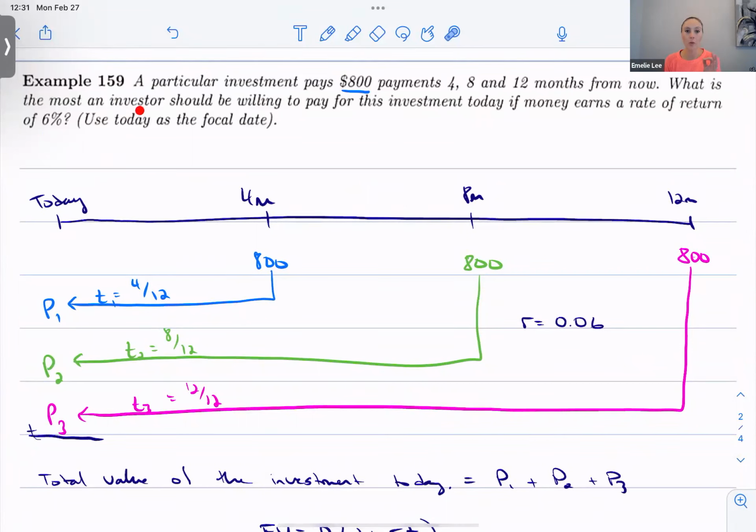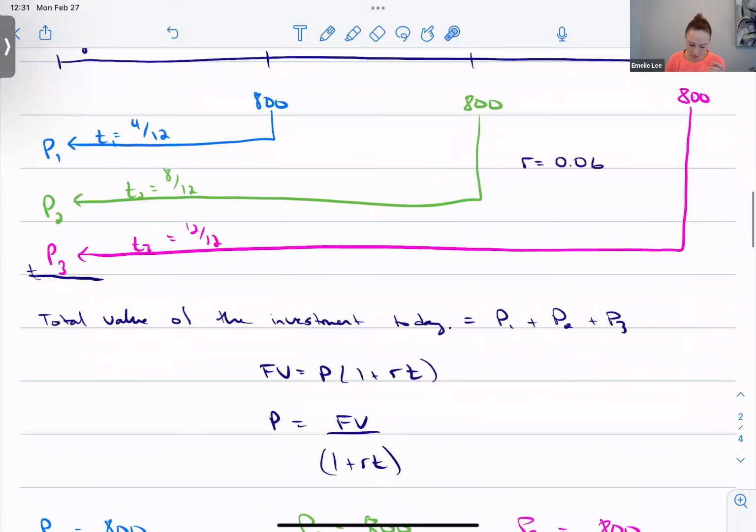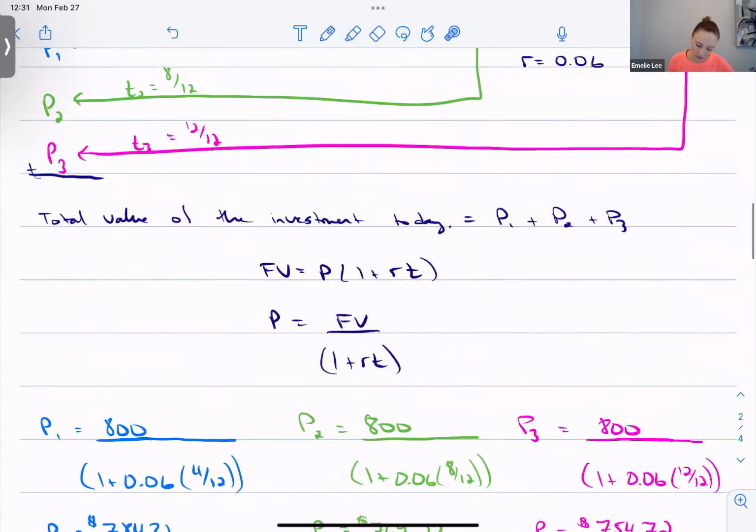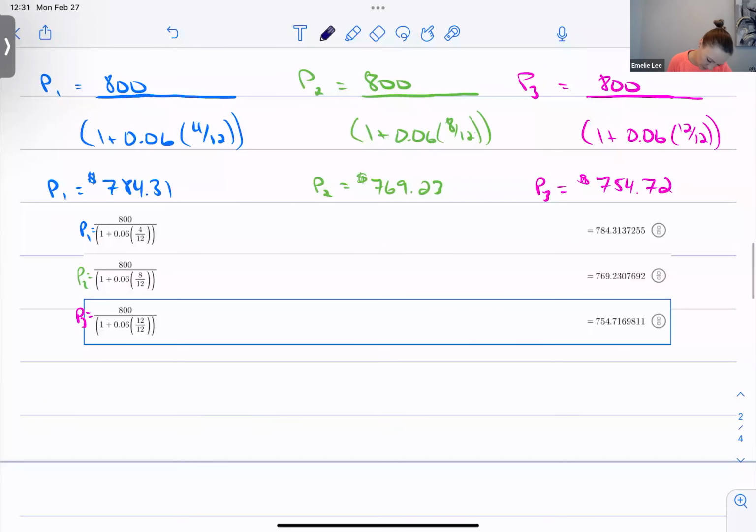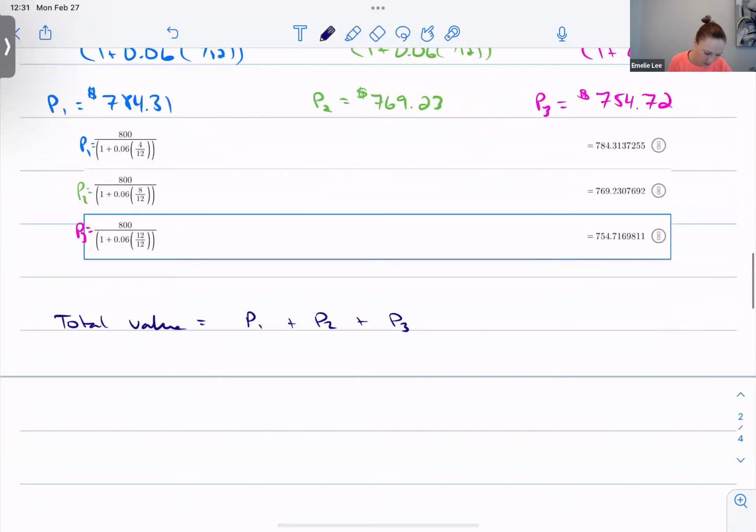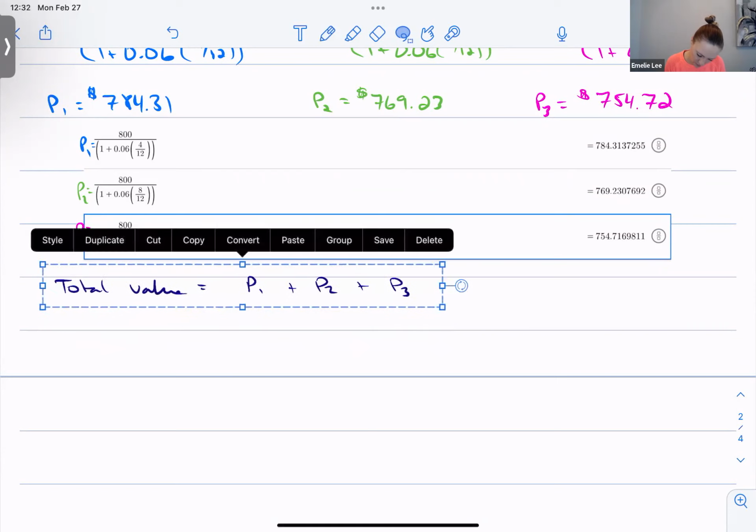What is the most an investor should be willing to pay for this investment today? Right. And so the total value of the investment today is P1 plus P2 plus P3. Okay? And so the total value, P1 plus P2 plus P3, which is, and let's get this up.